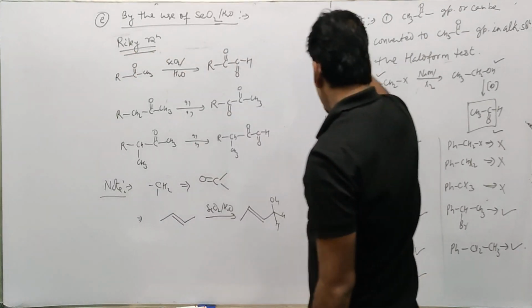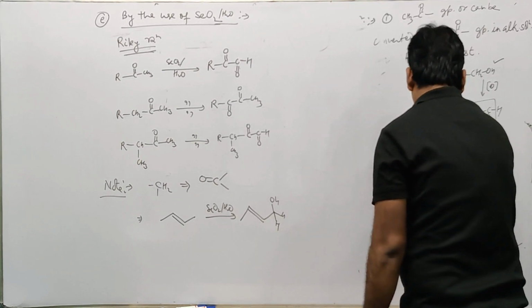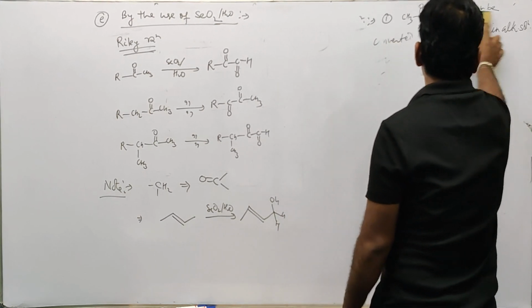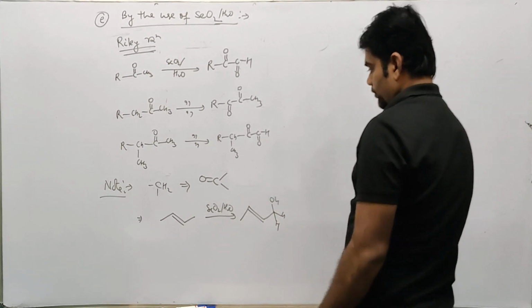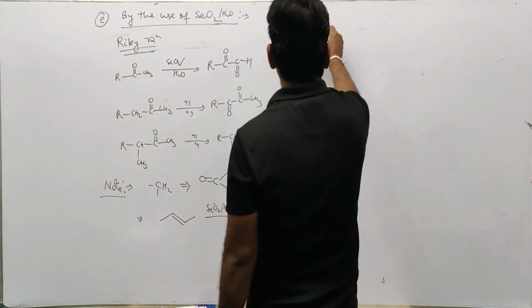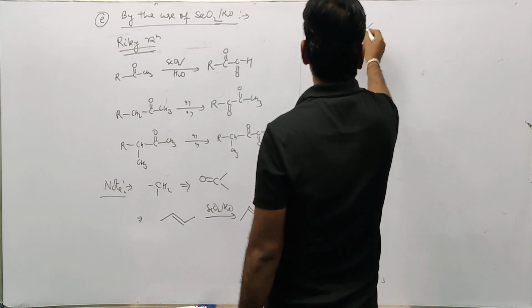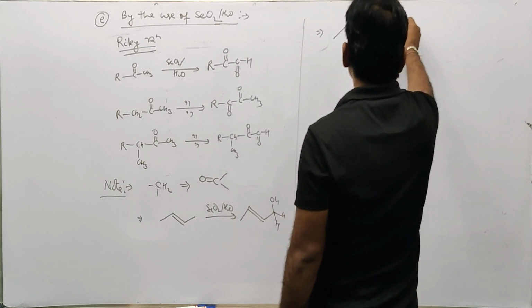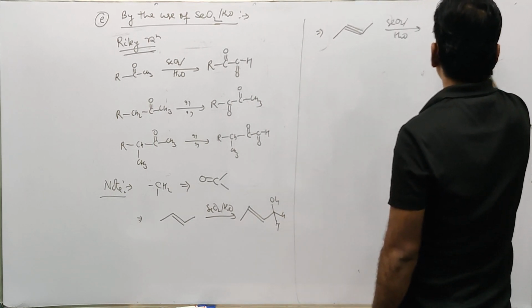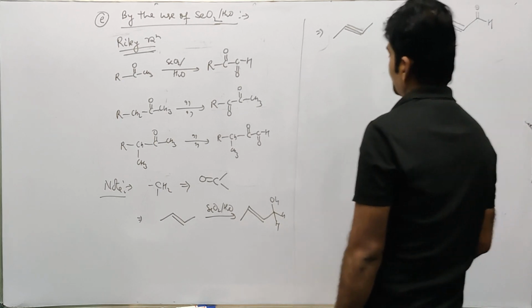If it is triple bond, if we have triple bond, then we use selenium dioxide water. So this will be converted to C double bond OH.